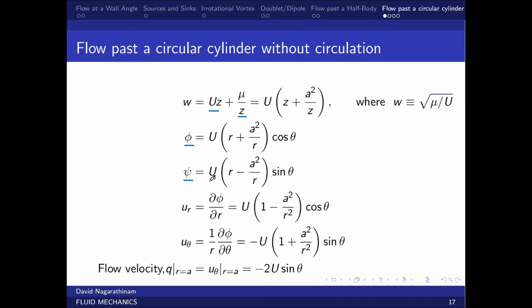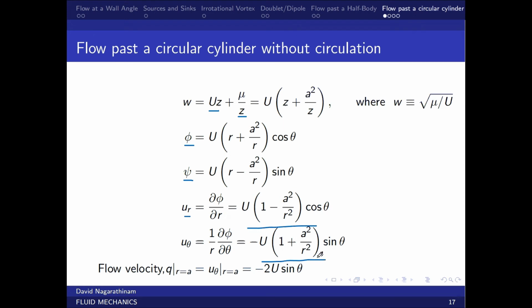Now, upon differentiating phi partially with respect to r, we get the radial velocity, and then differentiating phi partially with respect to theta, we get the azimuthal velocity of the form as shown here.